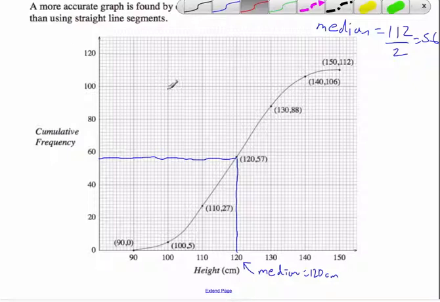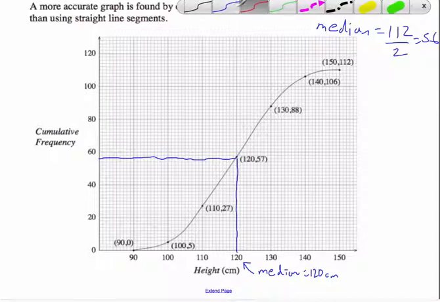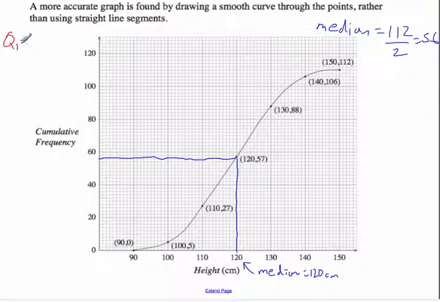And you can do that for your quartiles as well. So you can get the top 25% and the lower 25%. So if the median is 56, we can divide by 4 and get the quartiles, right? So Q1 is going to be 112 divided by 4, which equals 28.